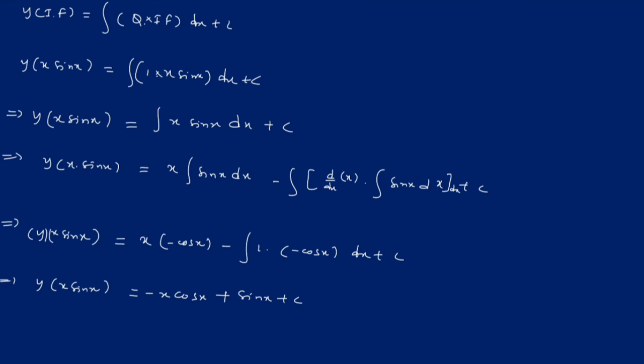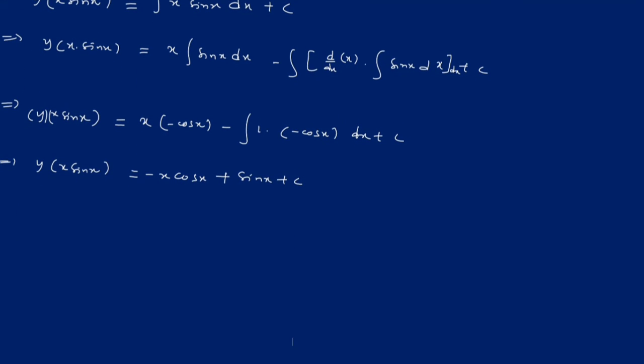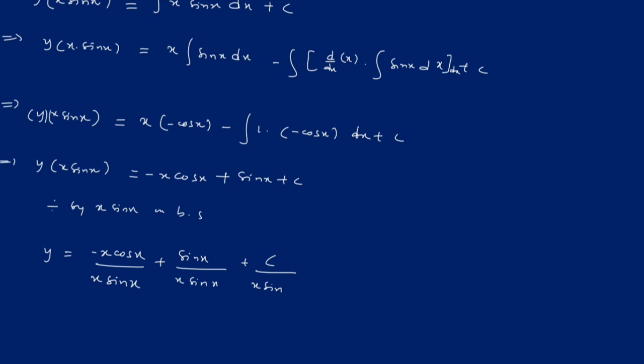So now dividing the whole equation by x sin x on both sides. After dividing, I will write directly here, or if you want you can take one more step. So y equals, here x sin x gets cancelled in the LHS, minus x cos x upon x sin x, plus sin x upon x sin x, plus c upon x sin x, right?